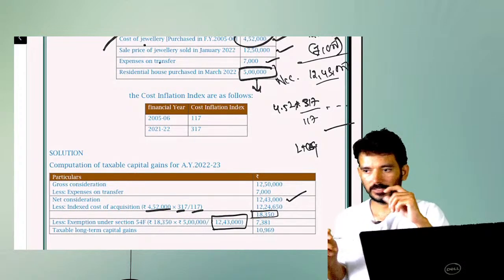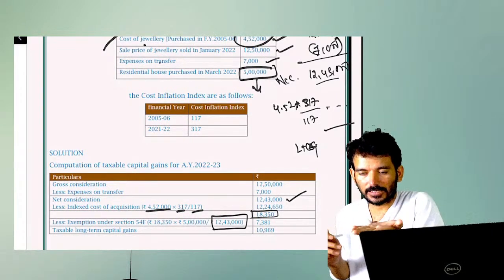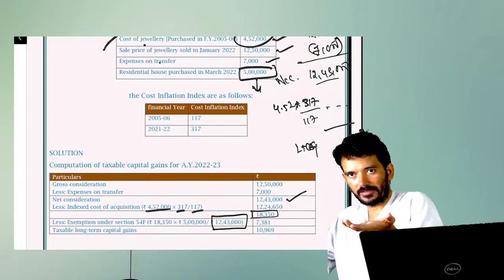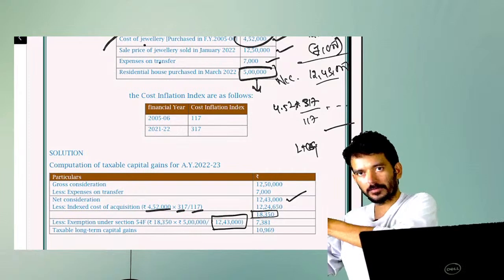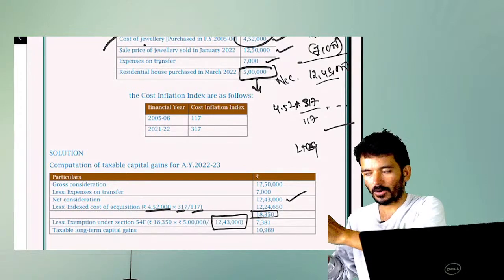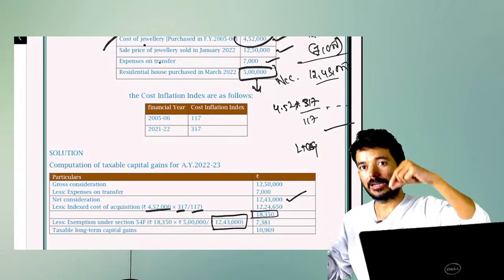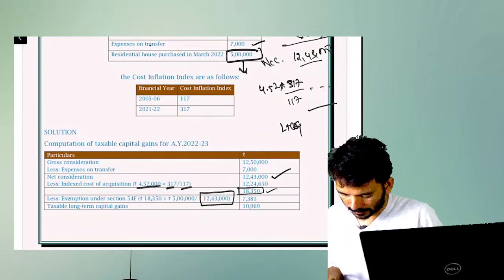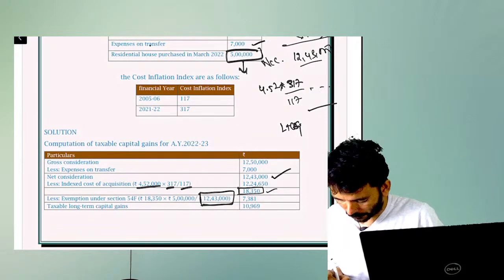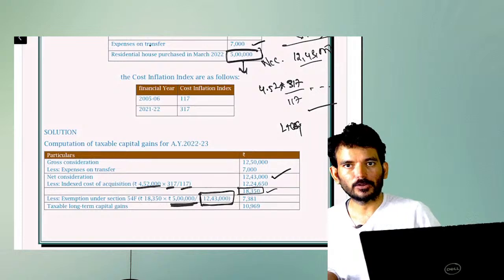For other sections, you are just comparing your capital gain versus what you are investing, for 54 also. But here you will compare your new residential house acquisition with respect to your net consideration. So which means 18,350 is the capital gain, that is for 12,43,000 net consideration. So you are investing only 5 lakh, right? So how much will you get?